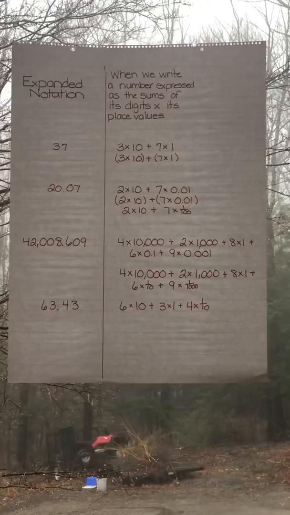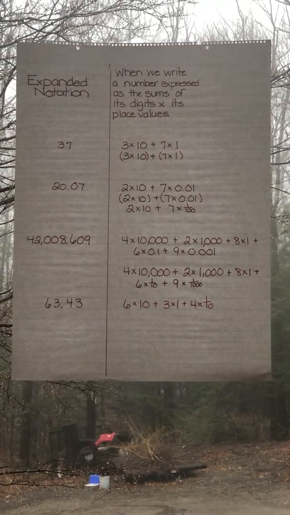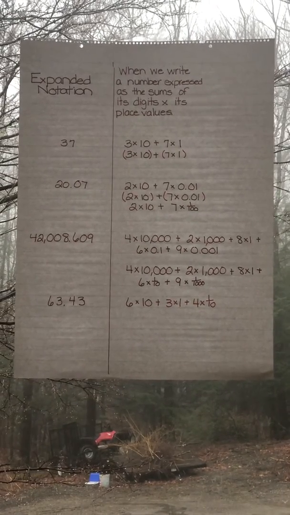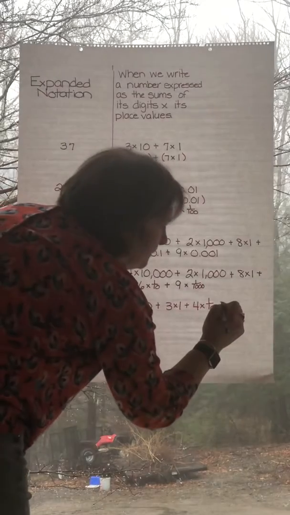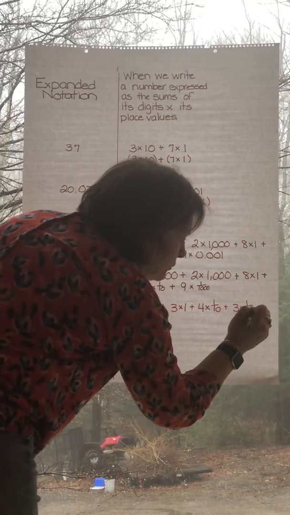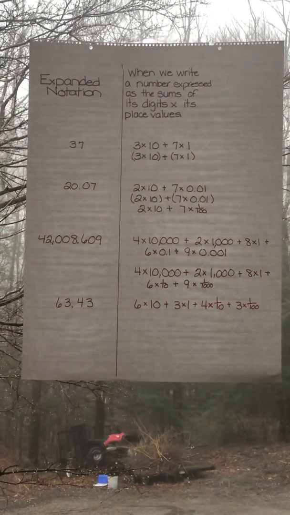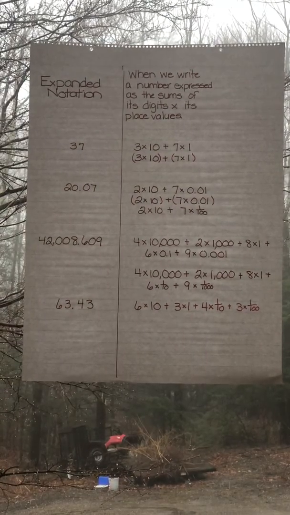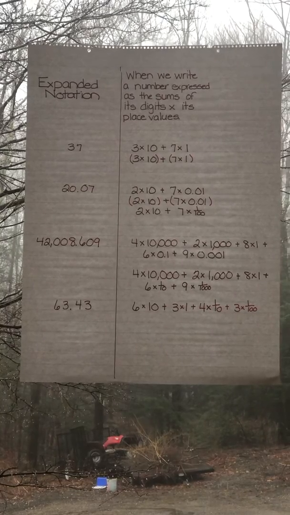I'm going to write it as a fraction. You know you can write it as a fraction or as a decimal. Plus 3 times 1/100. And if that's what you got, great job. That's exactly what we wanted you to get.